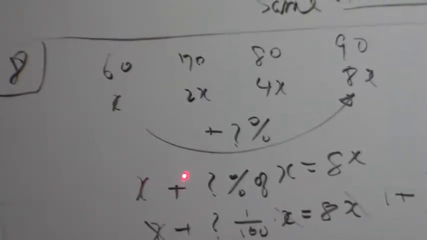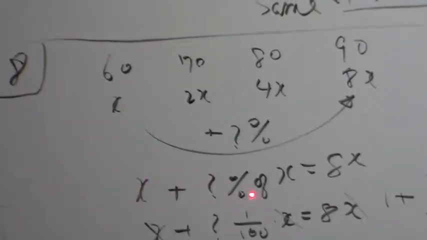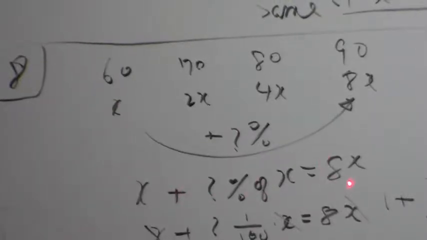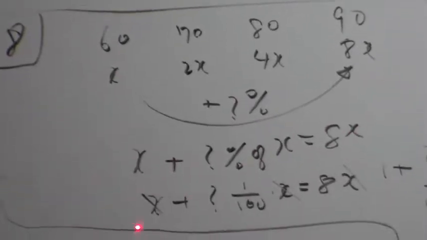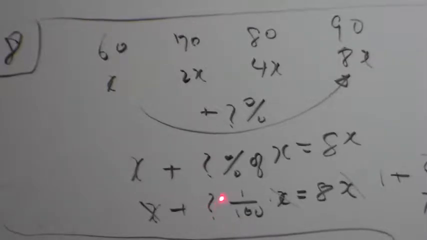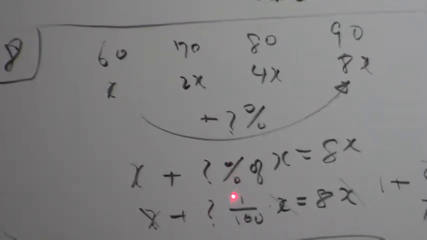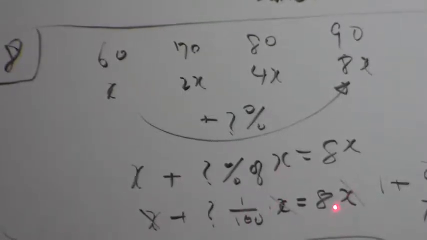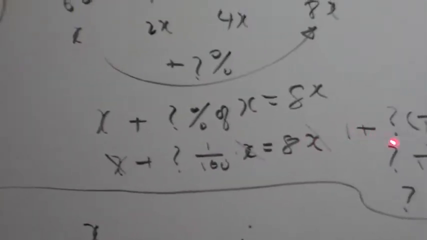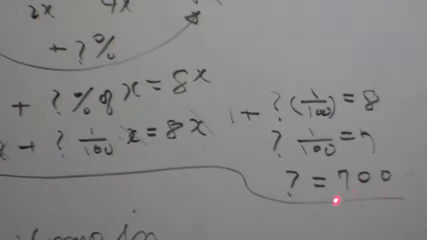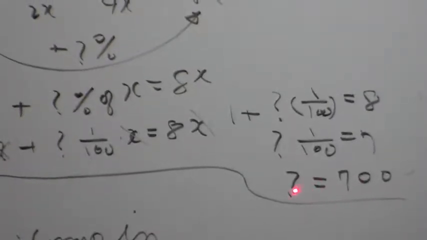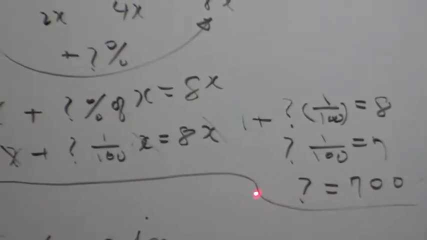Original is x plus some unknown percent of x, which becomes 8x, right? So x right there plus, I'm gonna change the percent value to 1 over 100 times x, equals 8x. Once you solve this, it is 700. So 700% increase.